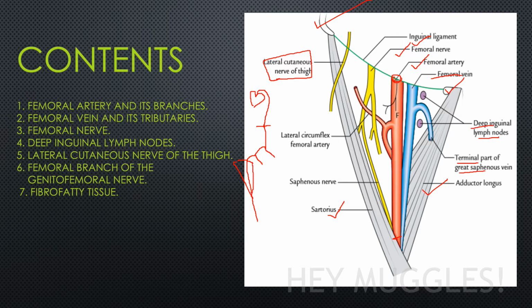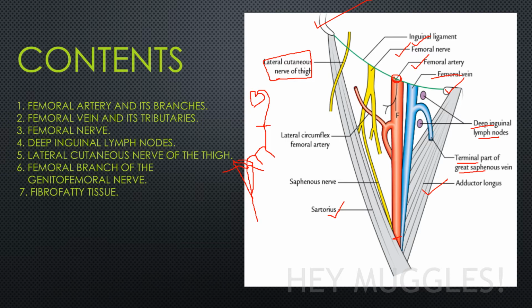In femoral triangle, the femoral artery gives three superficial branches. So the first branch is your superficial epigastric. Then we have superficial external pudendal, and then we have superficial circumflex iliac.